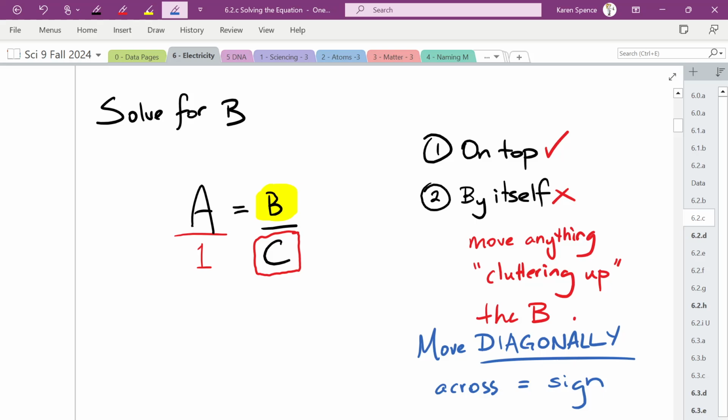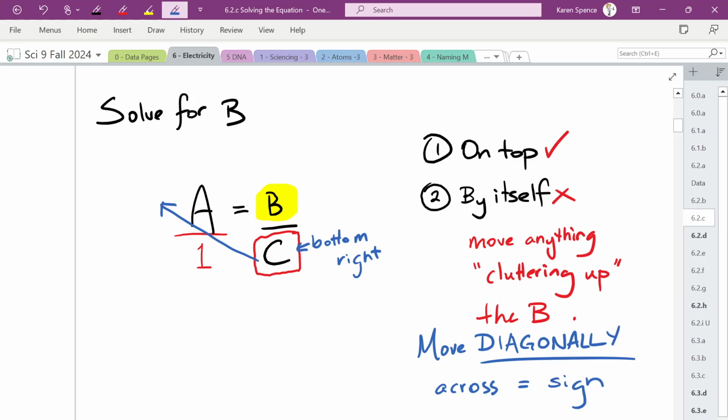So if I have C on the bottom on the right, it needs to move to the top left.